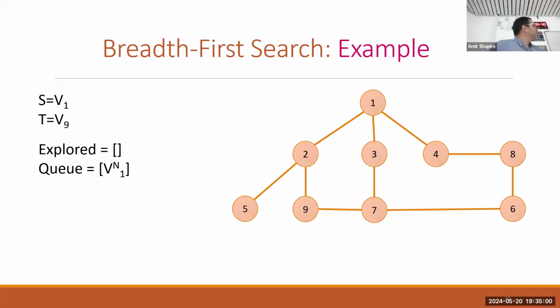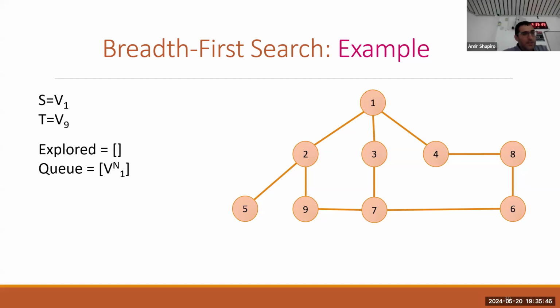So we start with this graph, and the start vertex is 1, and the last one is 9. The explored set is empty, and we start by initiating the queue with the first vertex. So we need to go from 1 to 9 along the edges and find the shortest path.